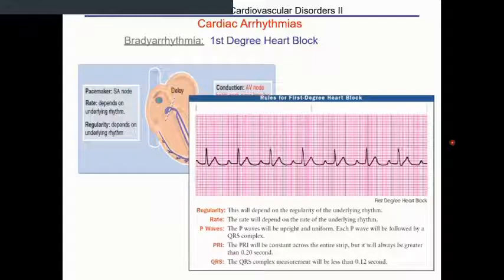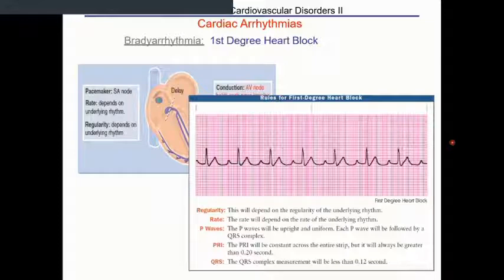So if we take a look at your first degree heart block in terms of its regularity, rate, P waves, and the PR and QRS, you'll see that regularity will depend on the regularity of the underlying rhythm, and the rate will depend on the rate of the underlying rhythm. Still, the P waves will be upright and uniform, and each P wave will be followed by a QRS complex.